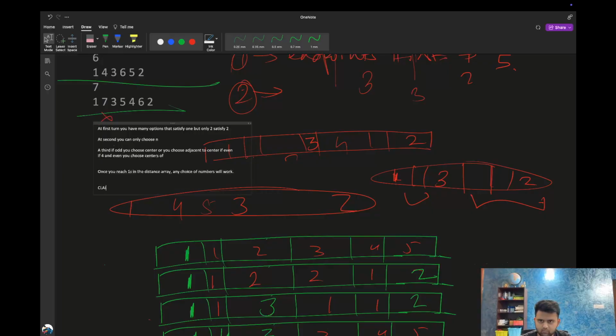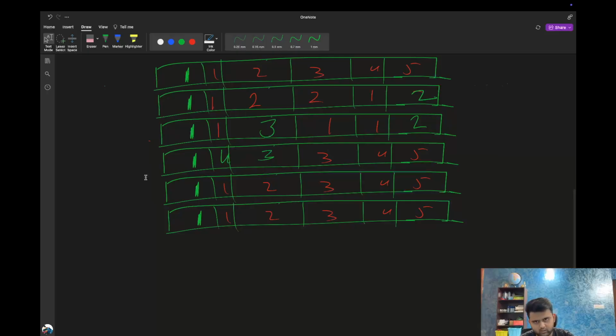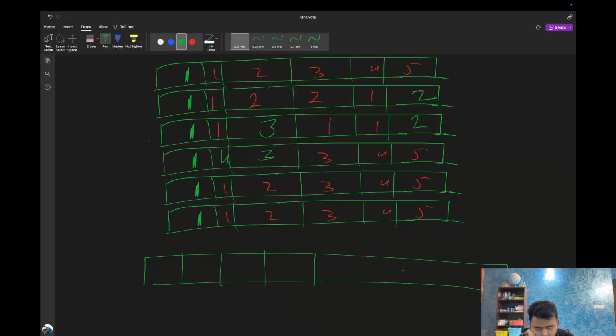So my claim, just checking for first condition after first choice is optimal. Consider a 8. 1, 1, 1, 1, 1, 1, 1.